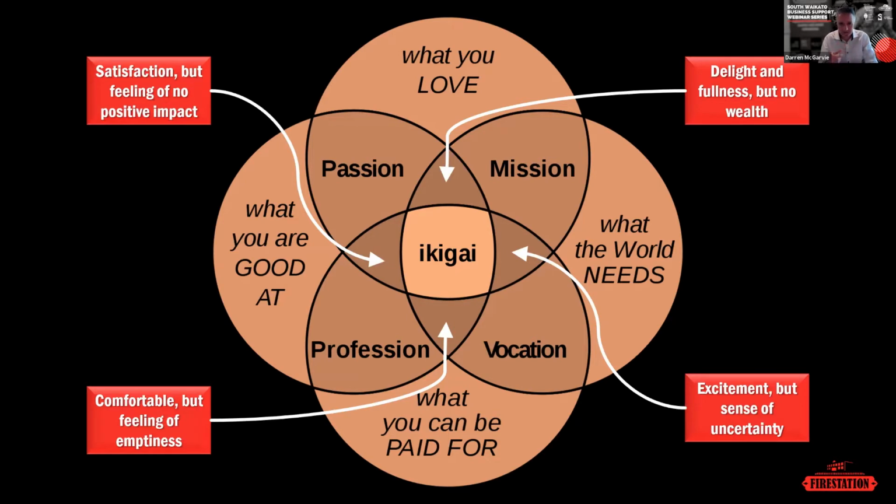Now, one thing I will explain, one interpretation of this. If you're doing something you're good at, something the world needs, and you get paid for it, but you don't love it, that can feel really unfulfilling. There's a service that we offer within our business that absolutely ticks 3 of those boxes, but not the top one.